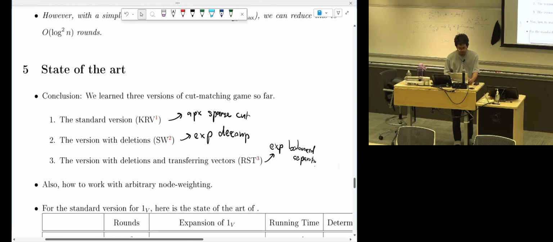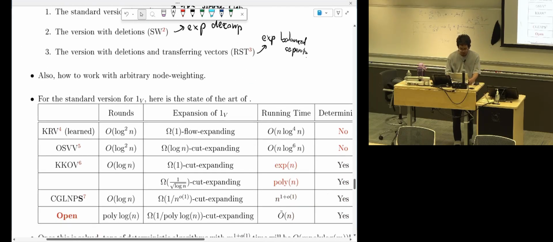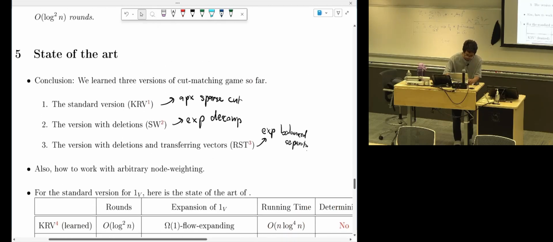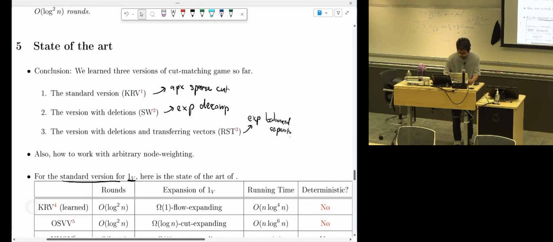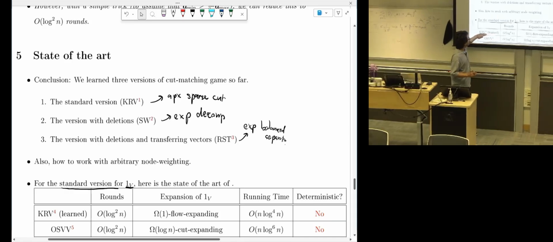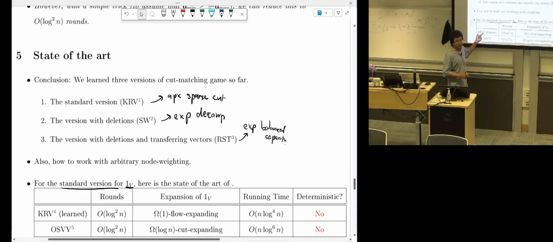But here is the state of the art. Let's focus on even the standard version, for just the all one vector. This version that we learned is from the paper called KRV, Khandekar, Rao, Vazirani.